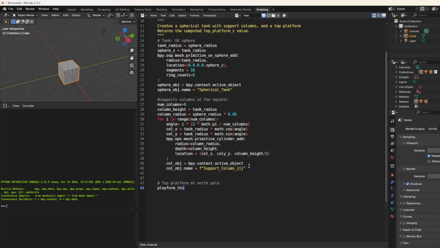The thickness is sphere radius times 0.05. Platform thickness is sphere radius times 0.05. Platform radius is just half of a sphere radius.